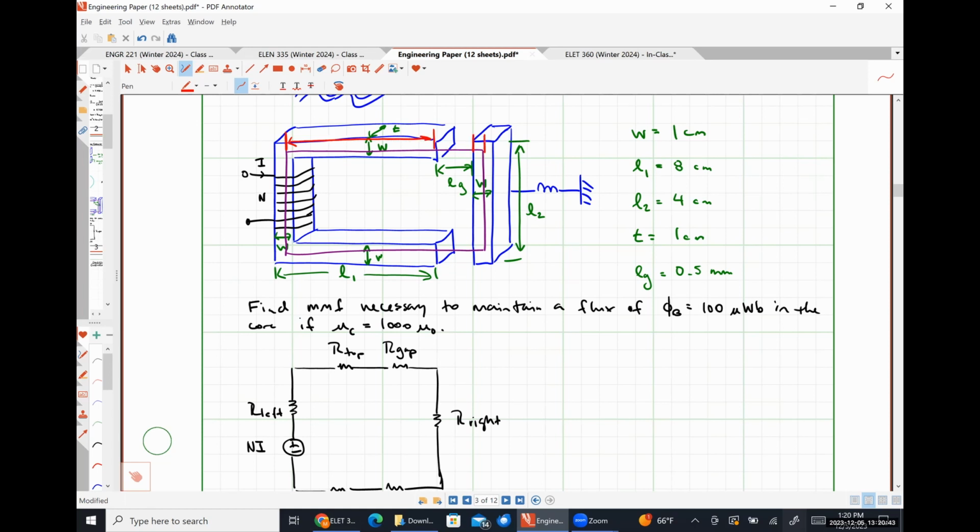But then also that little bit right there. So we are intentionally not including our gap distance in here because we don't want to add extra reluctance to our core material because the gap has different material properties or whatever.